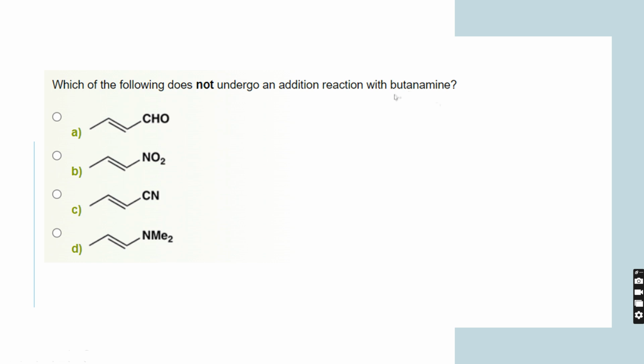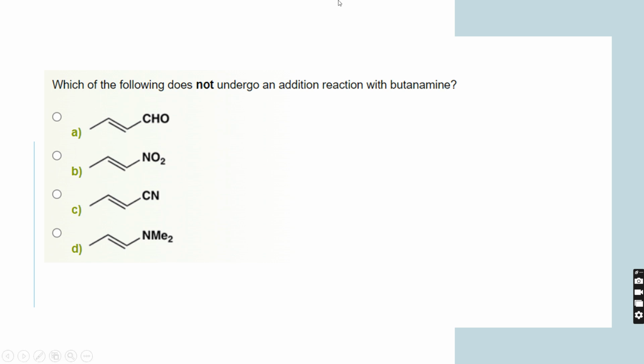If you want to attack at this double bond by this incoming nucleophile, like I said, you need an electron deficient carbon carbon double bond. So you just have to see and choose that particular option where your carbon carbon double bond is electron rich and is containing an electron donating group.